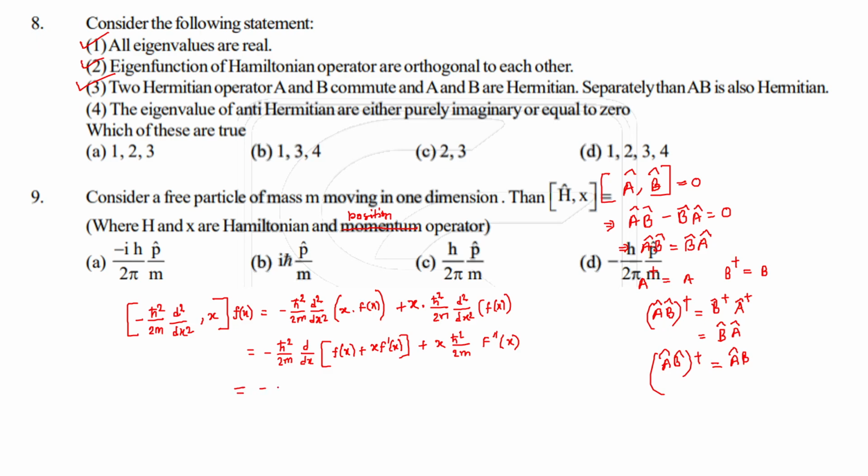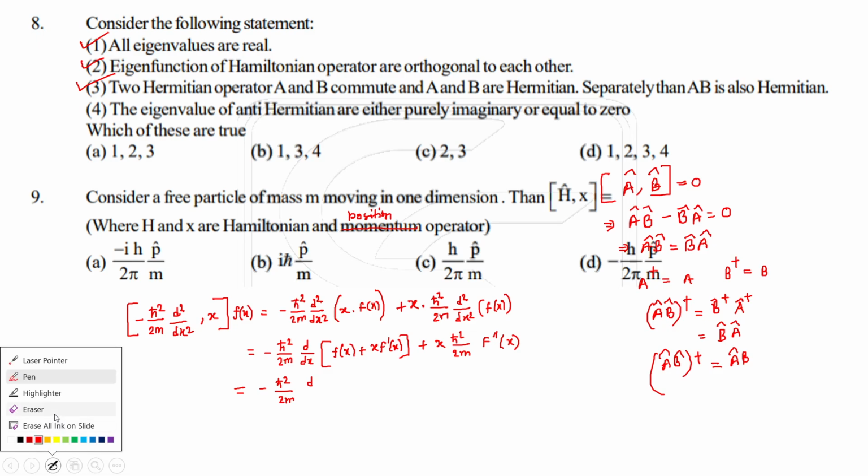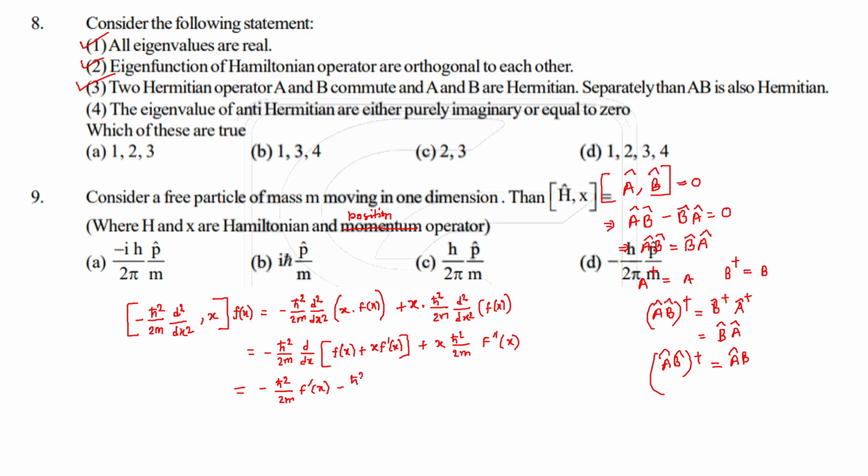Now from this side we are going to have minus h cut square by 2m d dx of f of x, which is actually, let me write, f dash x, and this is minus h cut square by 2m.